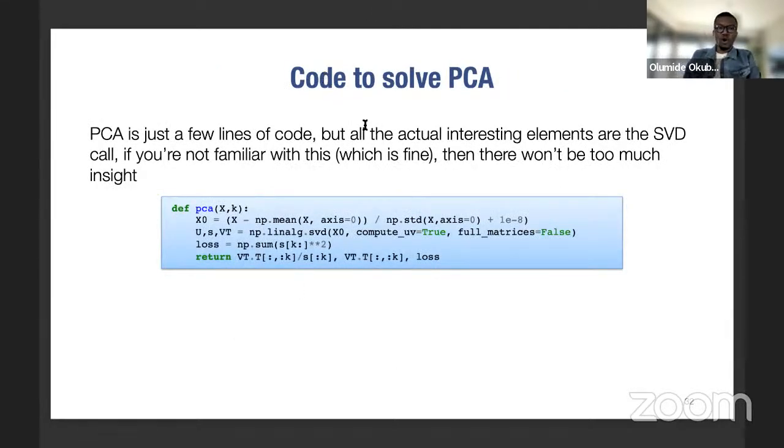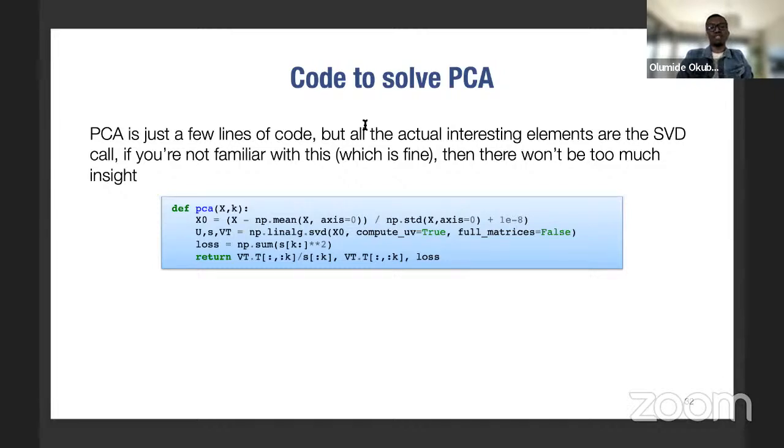PCA is a few lines of code in Python. If you want to do it yourself, get an intuitive feel for what SVD does. And that's because we already have something that does SVD. I already told you how to compute your singular value decomposition. You first of all compute the covariance. From the covariance, you find the eigenvectors and eigenvalues of the covariance matrix.